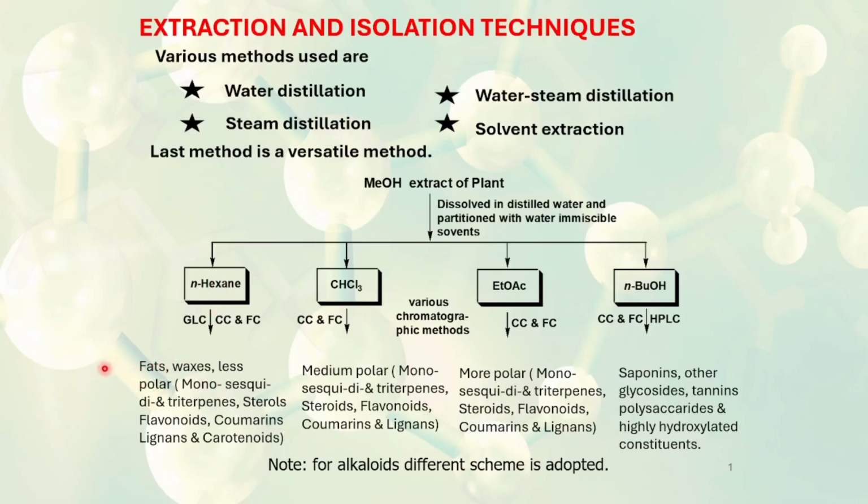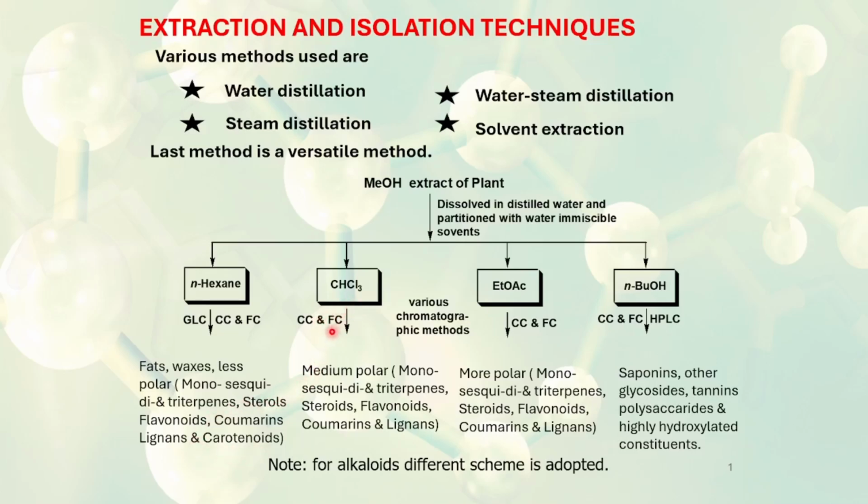In the hexane fraction, different types of compounds are present: fats, waxes, less polar mono-, sesqui-, di- and triterpenes, sterols, flavonoids, coumarins, lignins, and carotenoids.